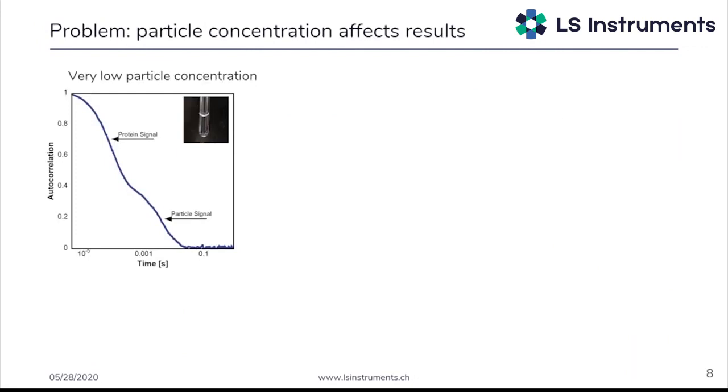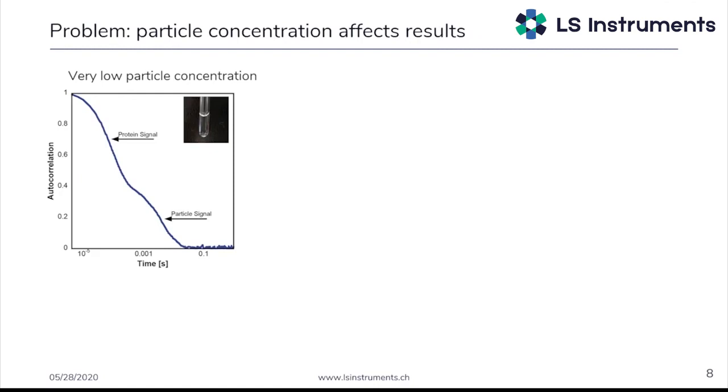Now, unfortunately, life often isn't so simple. And so there are actually a number of possible pitfalls. One of them in particular is if we have added too few particles. This means in our measured intensity autocorrelation function, there will be both a contribution from the protein diffusion coefficient as well as from the particle diffusion coefficient.